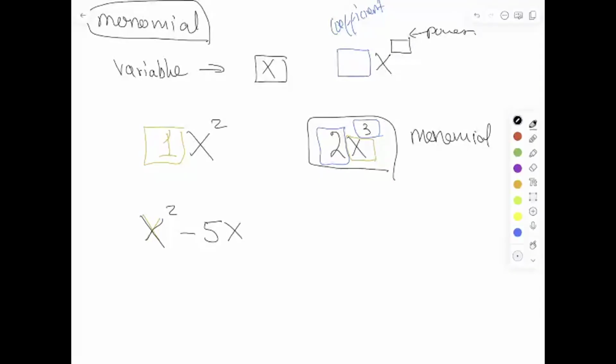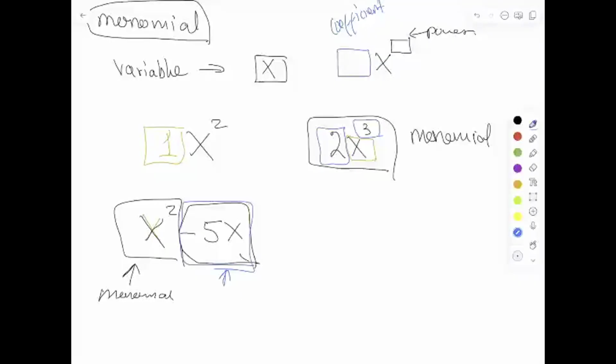Would you say this is considered one single term, one single entity? No, because I have one monomial, and I have another monomial.